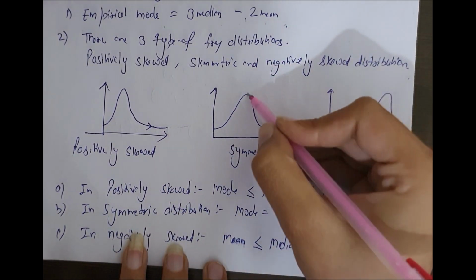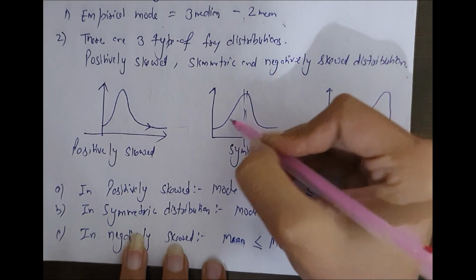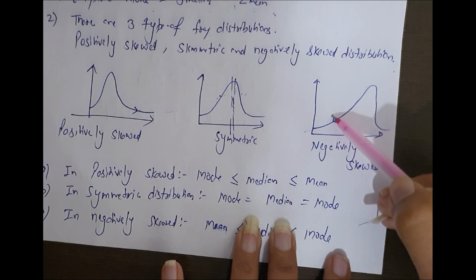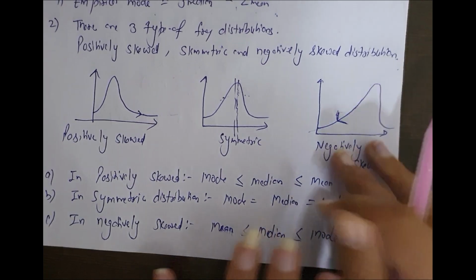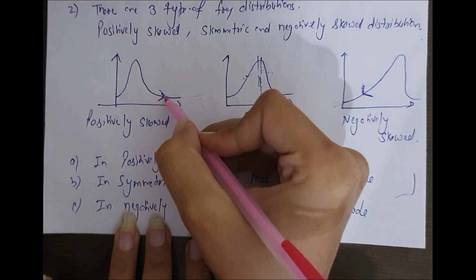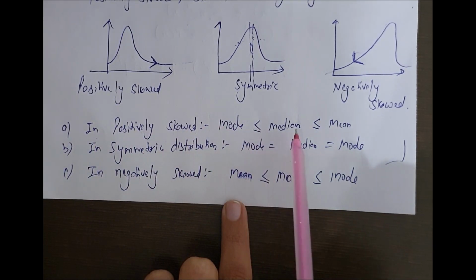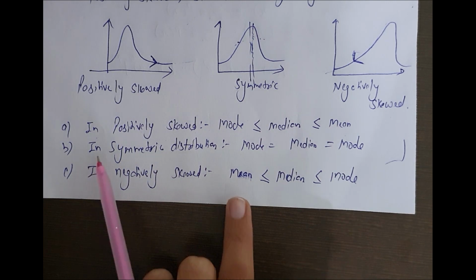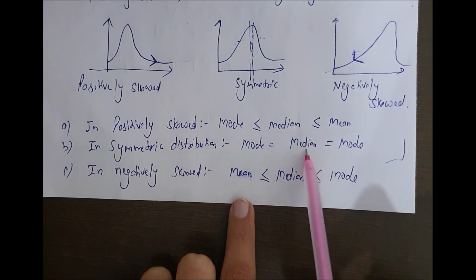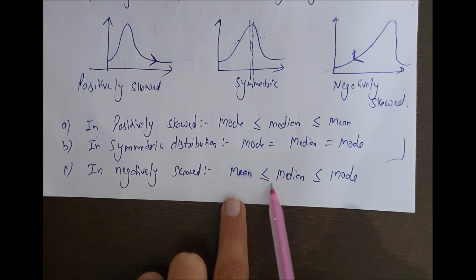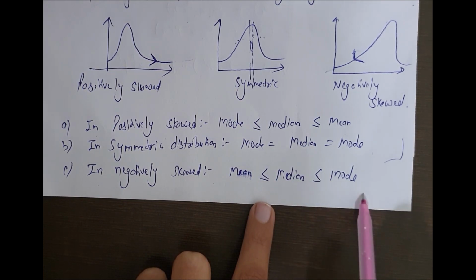Symmetric means it's symmetric from both sides. In positively skewed, mode is less than or equal to median is less than mean. In symmetric distribution, mode is equal to median is equal to mean. In negatively skewed, mean is less than or equal to median is less than or equal to mode.